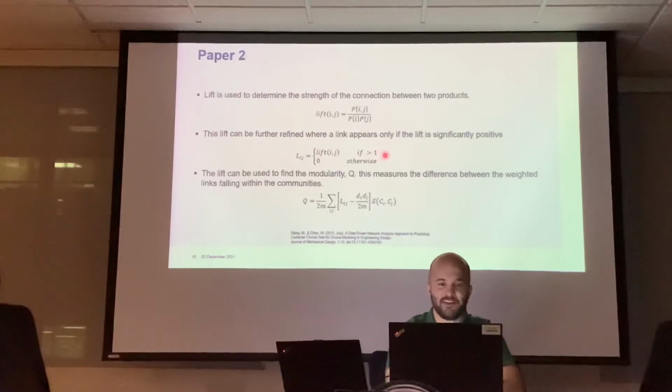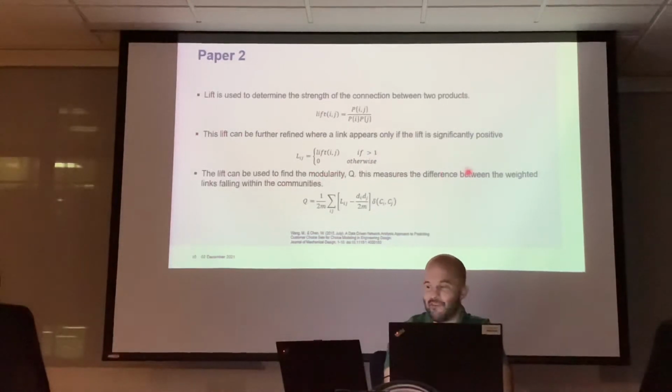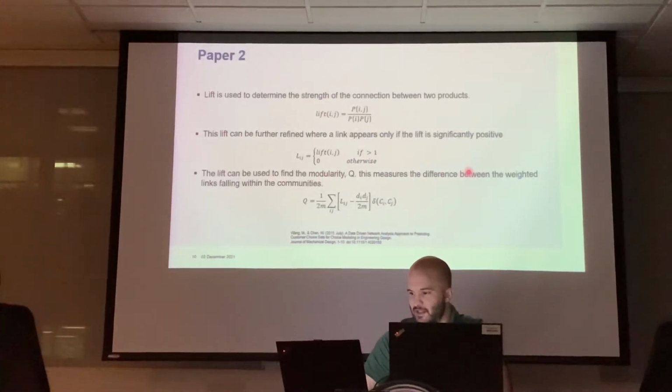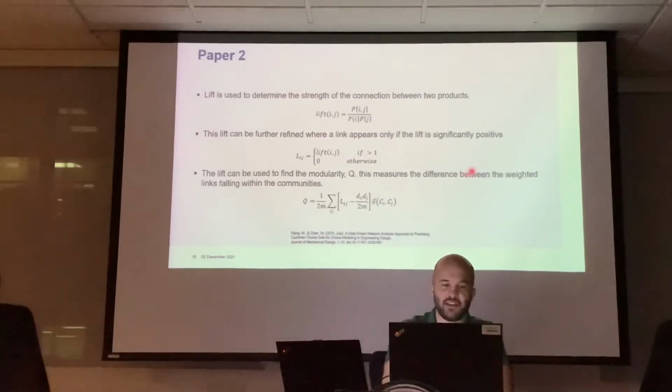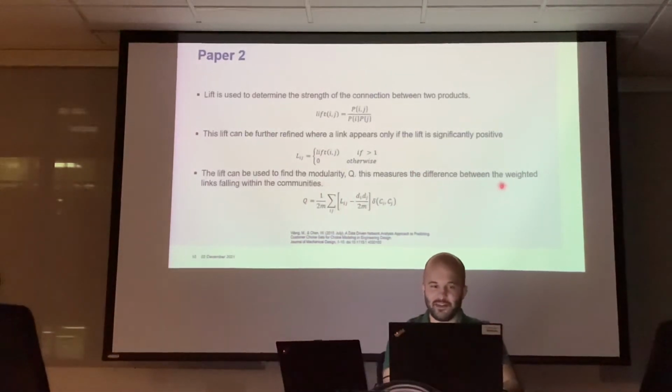If it's a negative lift, they'll consider it zero. Now, using this lift, they can utilize Newman's optimal modularity method to find communities. This is the calculation where they find the weighted links between the communities, or the difference between the weighted links between the communities.